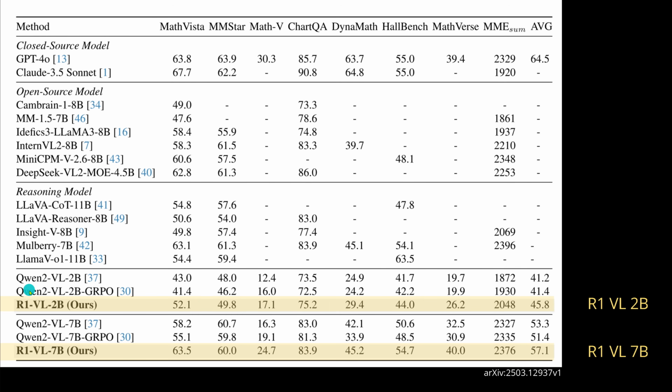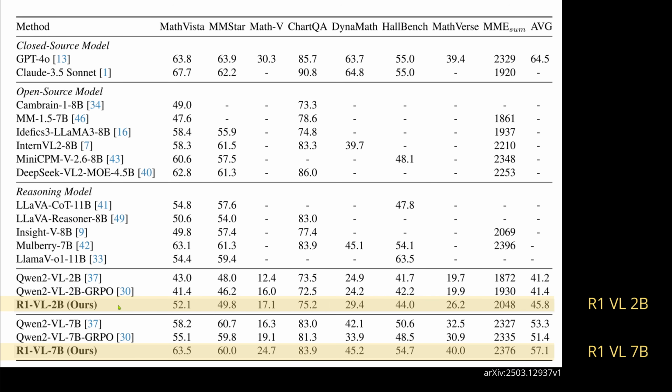We have another study on a Qwen 2 2B, then a 2B with the classical GRPO from R1, but not optimized for multimodal, for this STEP-GRPO. And then what they call R1, but careful, it is not from DeepSeek. This is just an R1-like vision language model, a 2B.